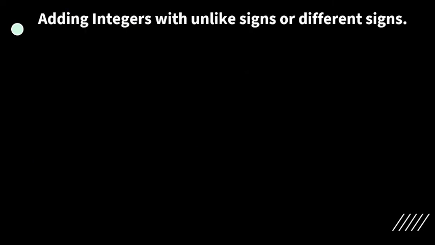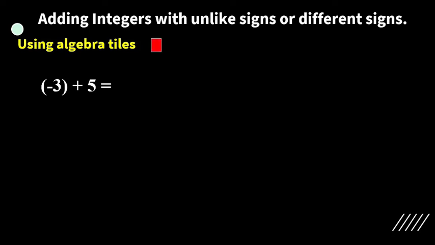Let us try to solve negative 3 plus positive 5 using algebra tiles. This time, we will be adding integers with unlike sign. Again, let us assume that the red tile represents negative 1 and the blue tile represents positive 1.